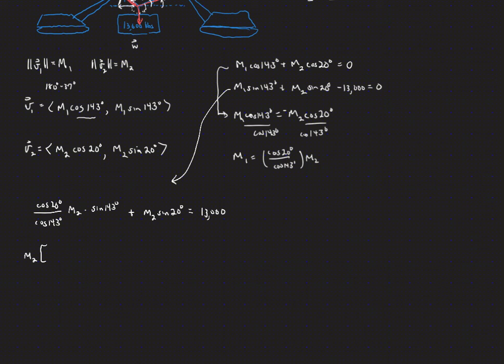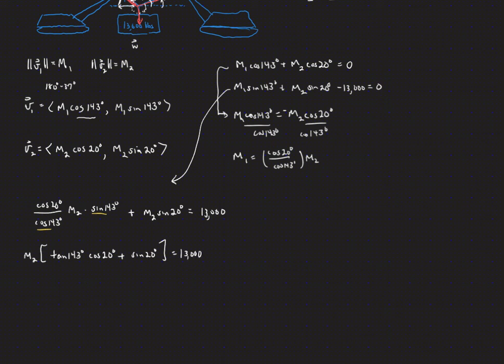You don't have to do this, but I think it's kind of a nice little organizational scheme, and we can declutter it a little bit. So the sine 143 over cosine 143 we can write as the tangent of 143, still times the cosine of 20 degrees, and then we've got the plus sine of 20 degrees, and that's equal to our 13,000.